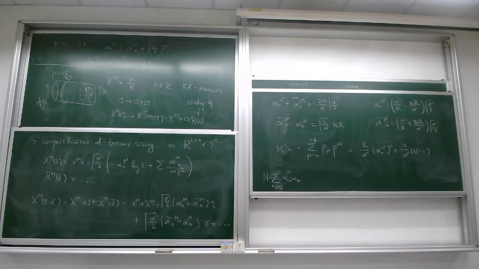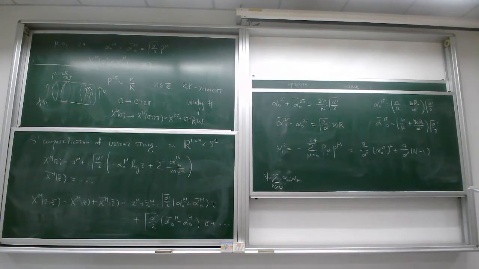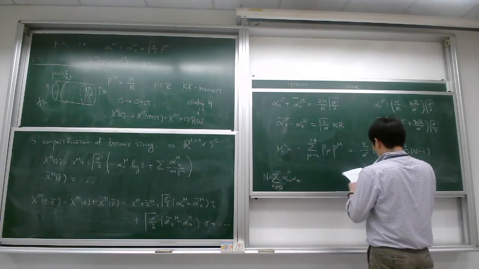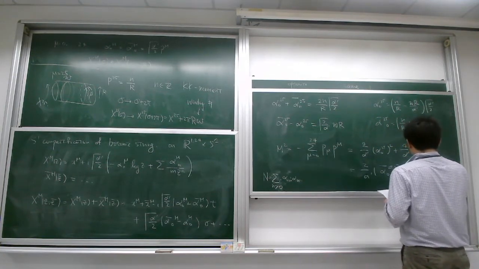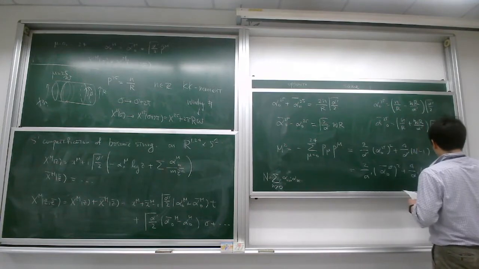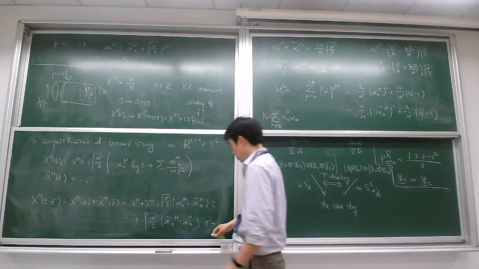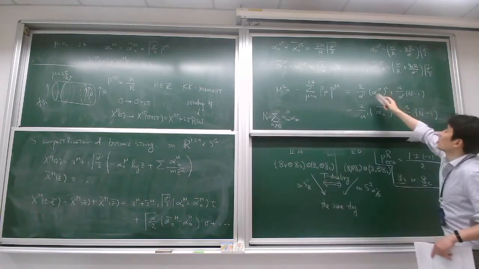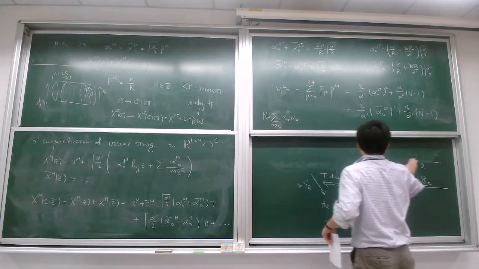So p mu is indeed given by here. And this is also the same if you look at the holomorphic sector. So you have a level matching condition. If you plug that solution into here and compare between them, the level matching condition will be modified.